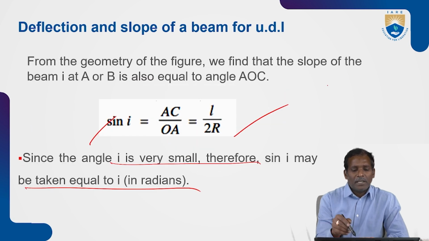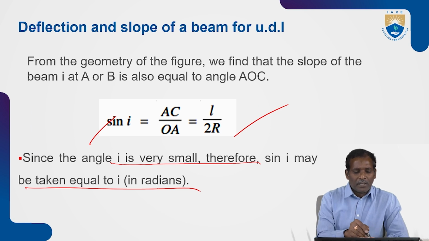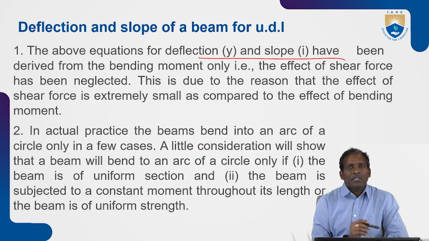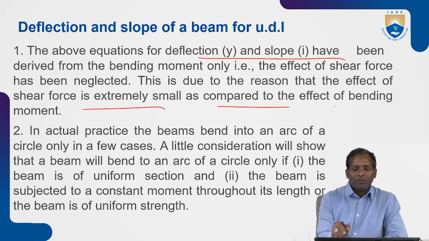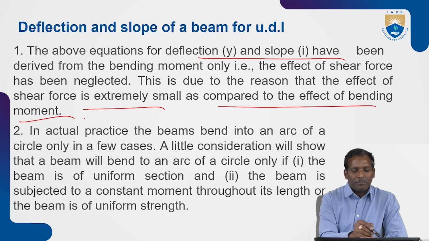You will get I as sin inverse of L by 2R, or sin I may be taken equal to I. This is because the effect of shear force is extremely small as compared to the effect of bending moment.